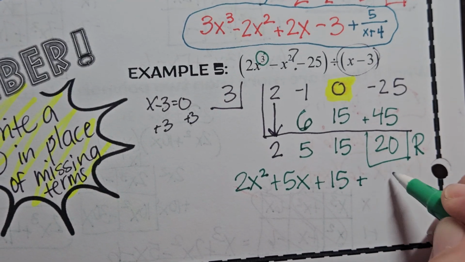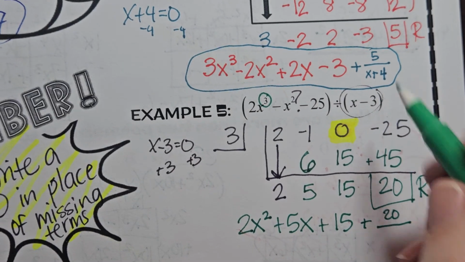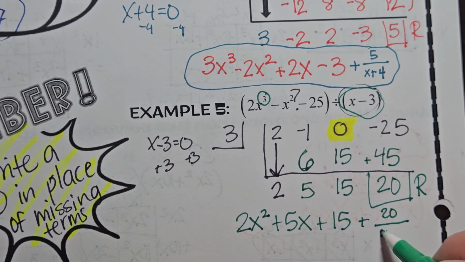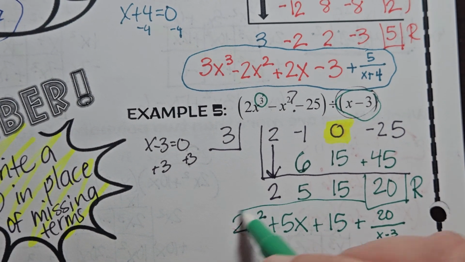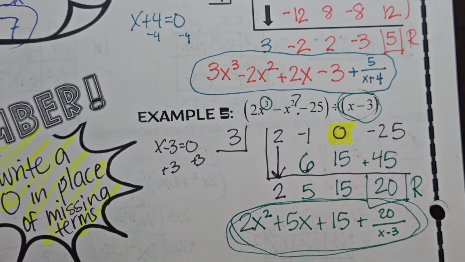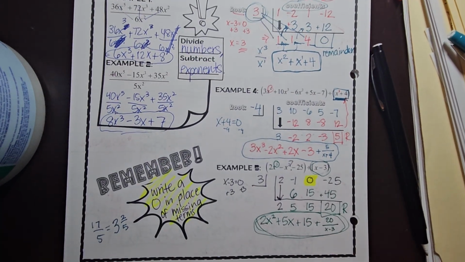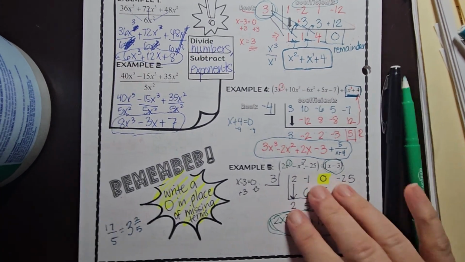And then for the remainder, it's 20, so plus 20 over, go back to the beginning. What is it we were dividing by? X minus 3. And there's our quotient. So that is how we do the basics of synthetic division, which is the primary type of division that we're going to focus on right now.